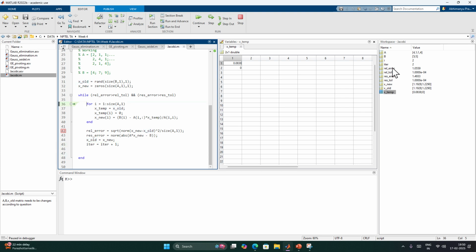So after one iteration, these are my current errors, and these two set conditions are not satisfied, so the loop will run again. I will just continue. You can see right now my relative error is less than my tolerance, and my residual error is also less than my tolerance. So now the loop will exit.